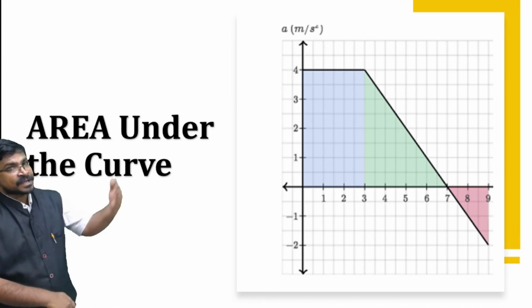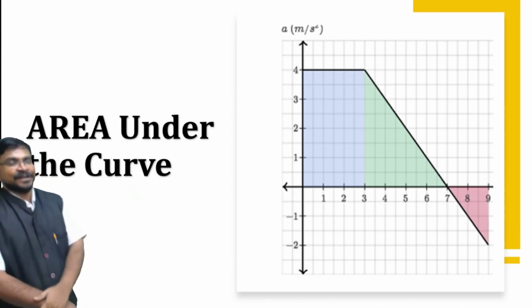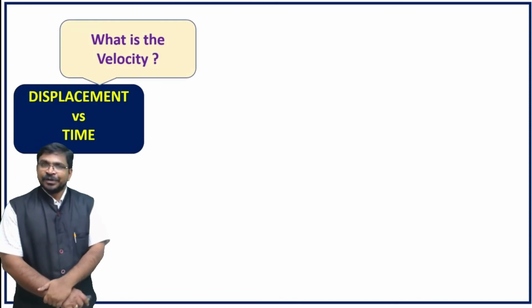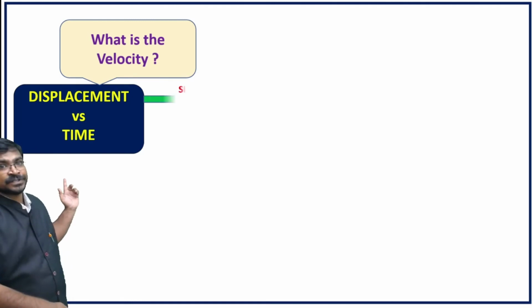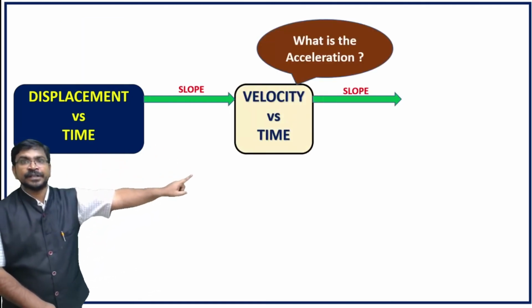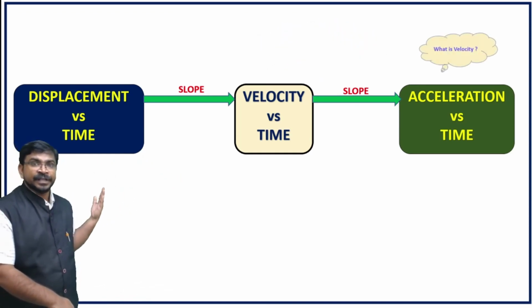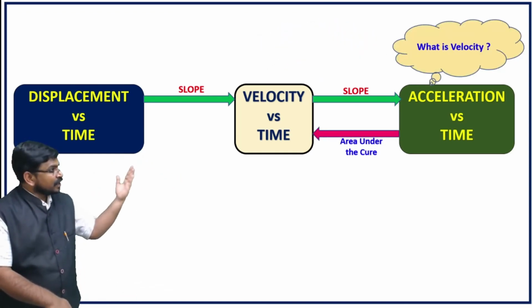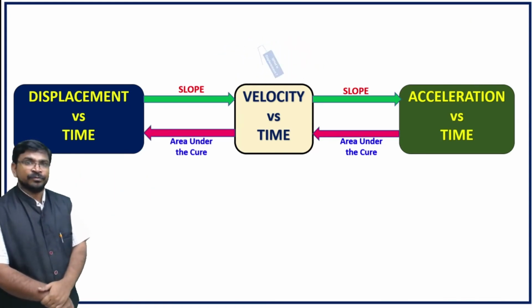Now, let me come to the next part, that is the reverse process, area under the curve. That means from acceleration to velocity, from velocity to displacement. We have discussed earlier that displacement to velocity is a slope and velocity to acceleration is a slope. And in the backward way, acceleration to velocity is area under the curve, and velocity to displacement is also area under the curve.